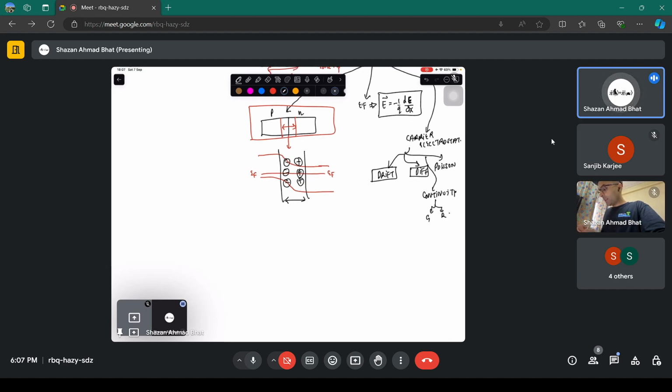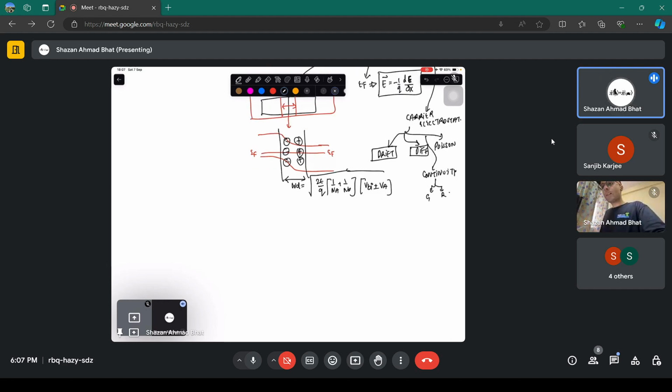You can modulate this depletion width, and it depends upon the doping concentrations as well as the built-in field, so it depends upon VBI plus or minus V applied. If you apply a voltage, you can modulate this barrier accordingly.